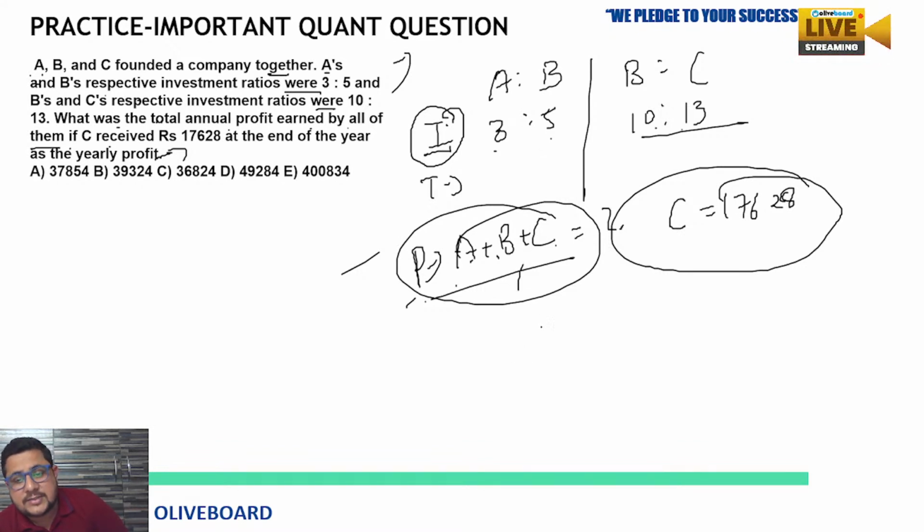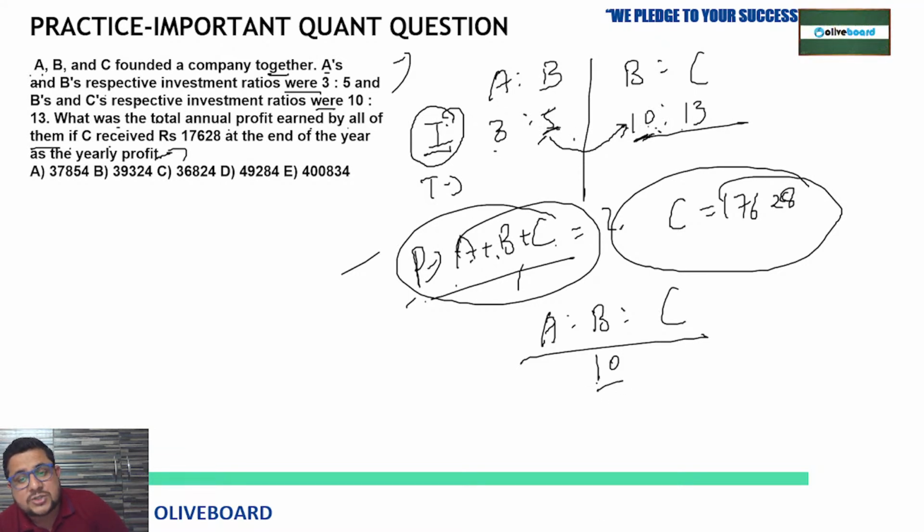Everyone need to answer. See, first we will convert it into a single ratio of ABC. See, B is common in both ratios. So 5 and 10. Here 5, here 10. So LCM of 5 and 10 is what? That is going to be 10. So just put 10 in place of B. Now you have made B as 10. And if you will see, B is to C in this ratio, B is 10 and C is 13.